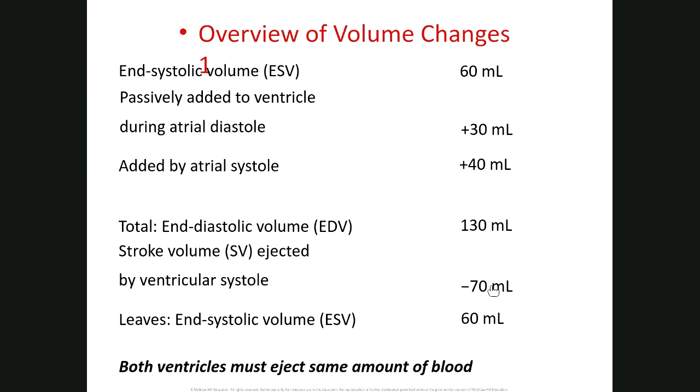So every time there's a contraction, you have a leftover amount of blood. What will happen is you will accumulate leftover blood in the left ventricle, and eventually you will increase the volume of leftover.